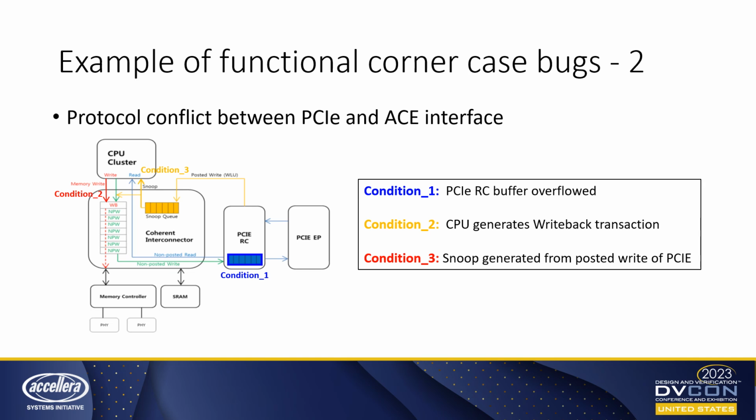To reproduce this kind of deadlock, we have to make these three conditions happen at the same time. Until now, that is almost impossible in our verification environment, and it concerns three blocks: the CPU, the coherent interconnect, and PCIe.